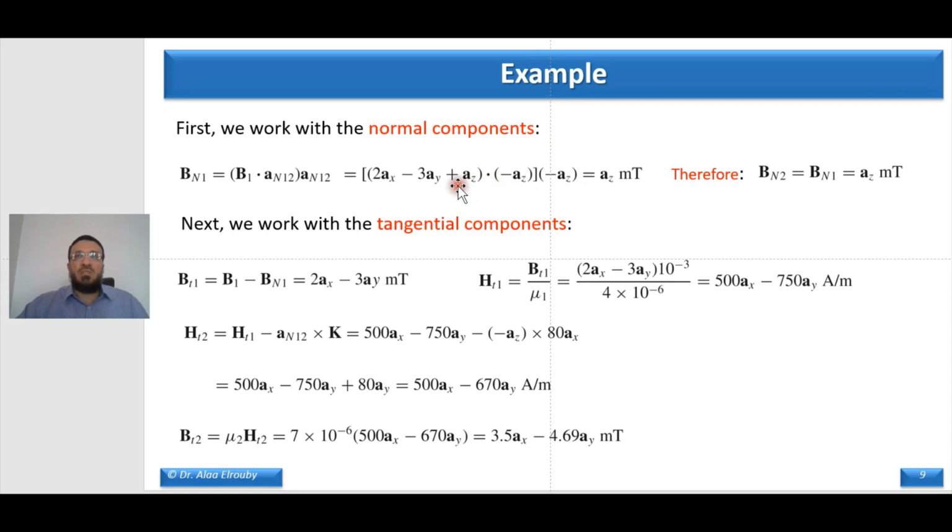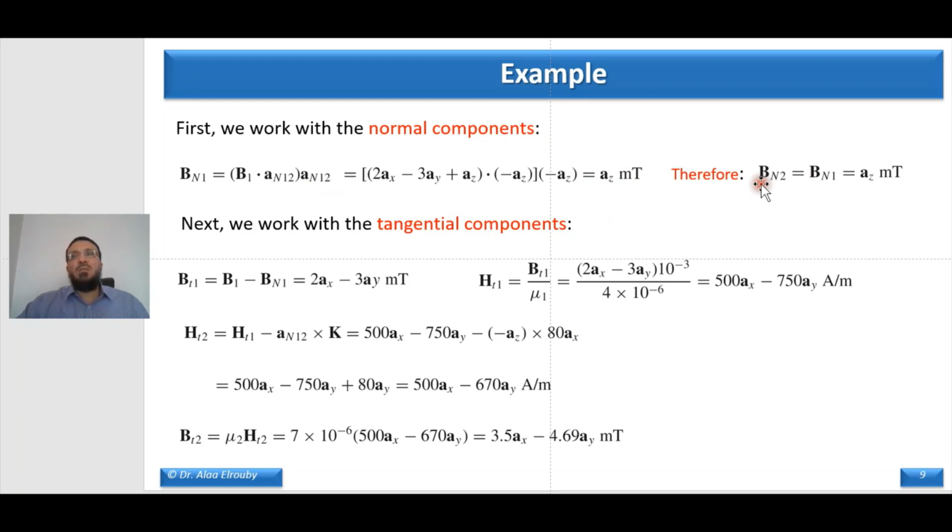Or, to be formal and more generic, you multiply the total field by dot product with the normal unit vector, which is the z direction.